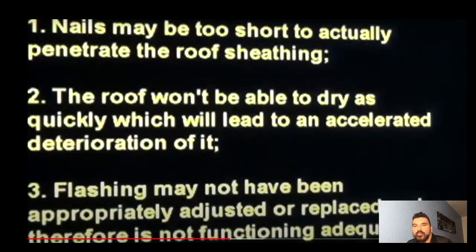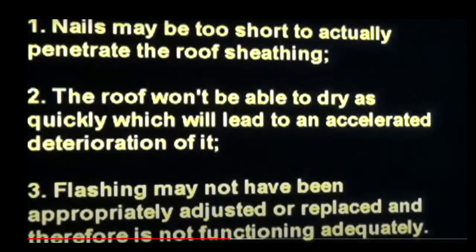Number two, the roof won't be able to dry as quickly, which will lead to an accelerated deterioration of the roof. And number three, flashing may not have been appropriately adjusted or replaced and therefore is not functioning adequately. So those are your optimal answers.